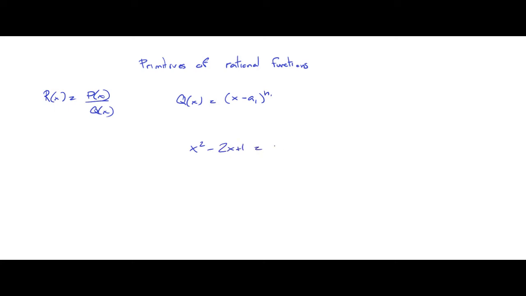This is equal to x minus 1 squared. That means this polynomial can be factored into the product of x minus 1 two times, because the root 1 appears two times.